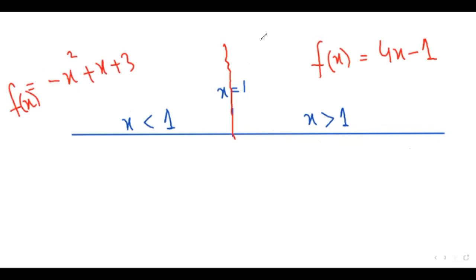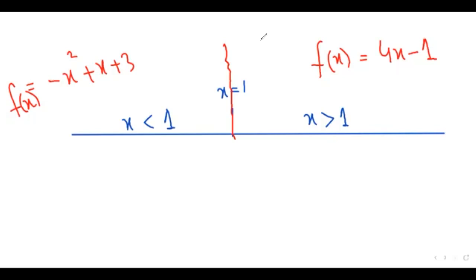So now we have defined our two regions where x is 1 and greater than 1, then it would be the right hand side, and when it is less than 1, we can define it like this.